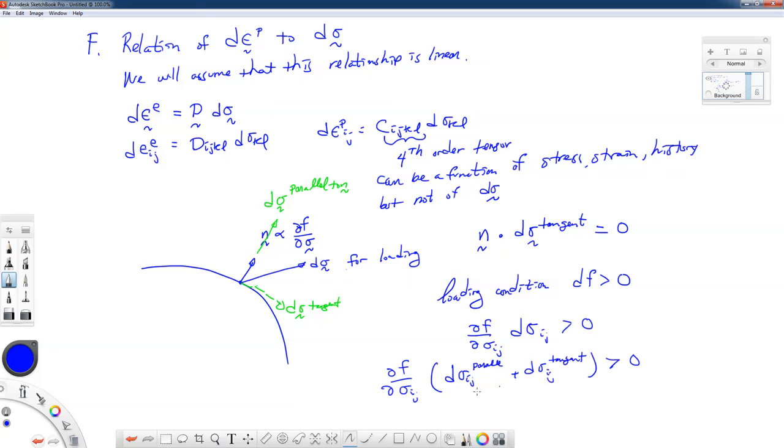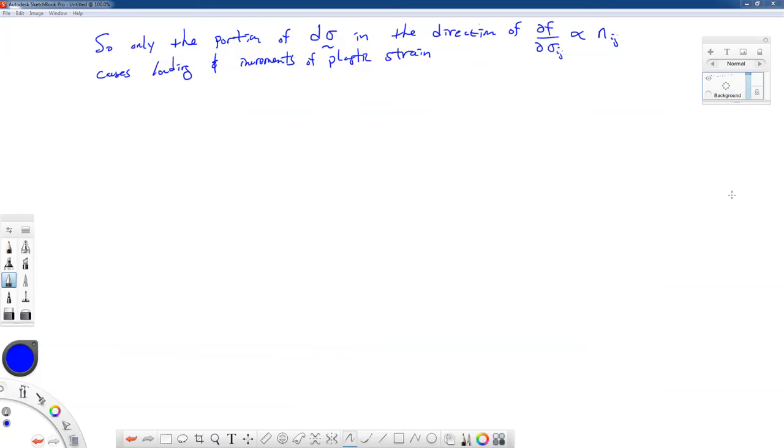But if we distribute this through, the second dot product is equal to 0, so this only amounts to the partial of f with respect to sigma ij d sigma ij parallel. So the only portion of d sigma that causes plastic flow, causes increments to plastic strain, is the portion of d sigma that's in the direction of the unit normal.